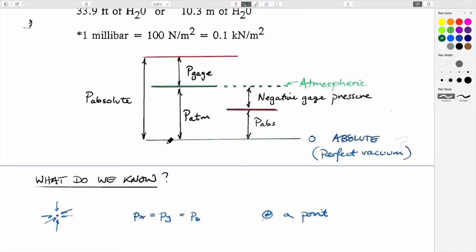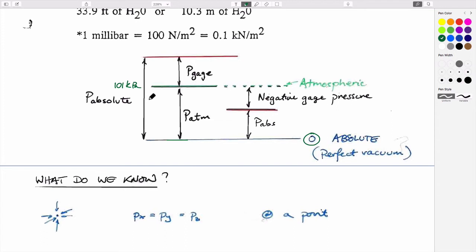This came up in an email question, so maybe it's worth revisiting: the role of absolute and gauge pressures. Absolute pressure is measured relative to absolute zero, the vacuum in space. We sit at 101 kPa, which is due to the weight of air above us as it goes into space.